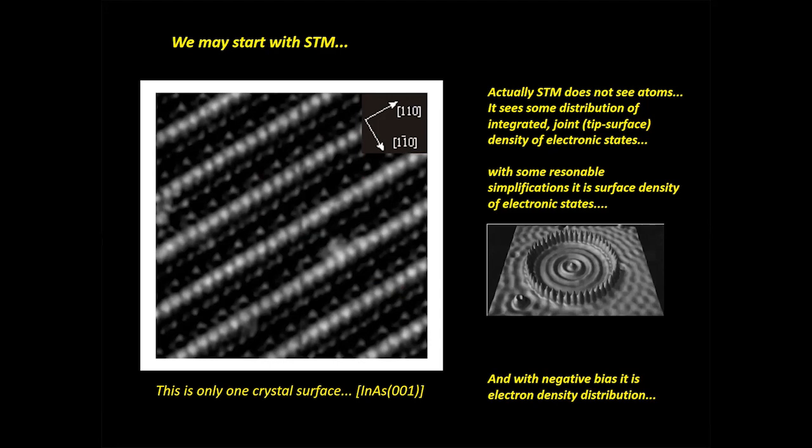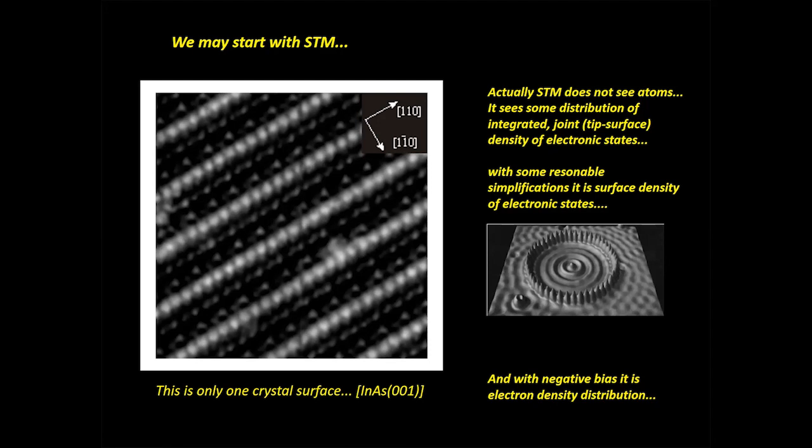And with some reasonable simplifications, this is the surface density of electronic states. You can see that with this quantum corral, which is known to everybody, I guess. You see atoms here on the corral, but you also see features, some standing wave of circular symmetry, which is clearly not related to atoms. And you see these waves here, which are not simply related to the atomic periodicity of a crystal.